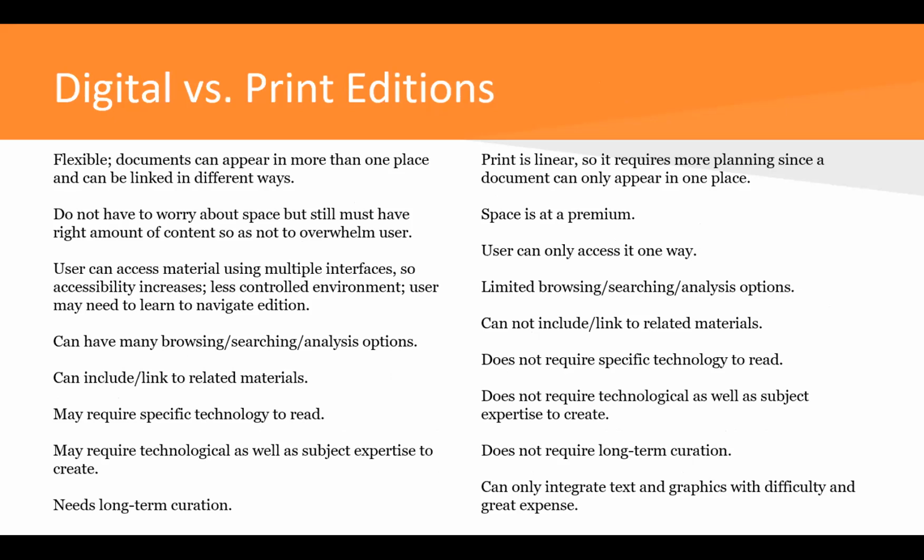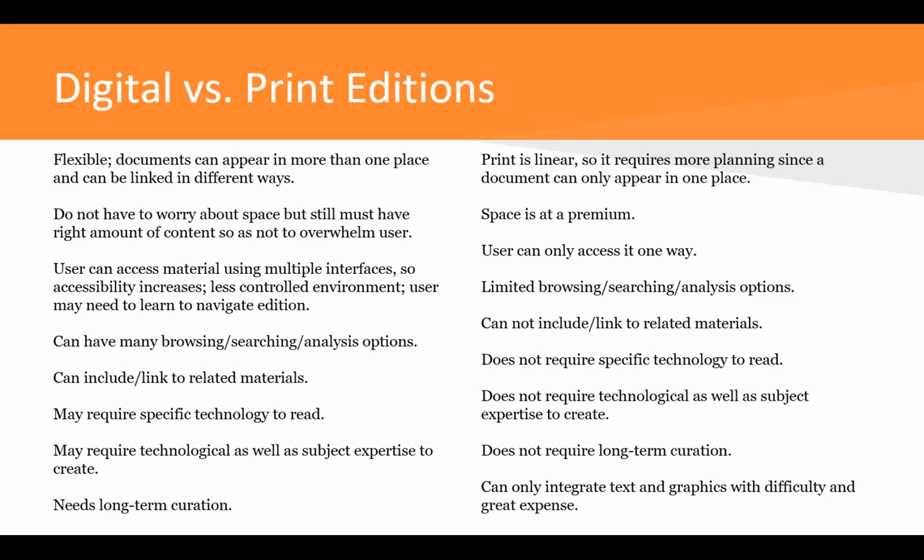All right, here we have digital versus print editions. Digital is on the left, print is on the right. Digital is certainly ascendant these days, but there may be good reasons for considering a print edition. Each has its strengths and weaknesses, and there's nothing that says that you can't do both.